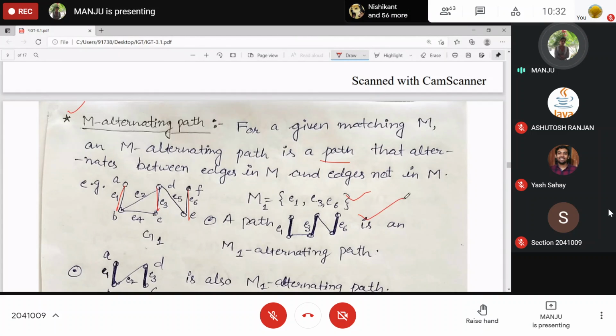So this one is the path. Here you have a matching edge, here you don't have a matching edge, again matching, no, then yes. So alternately, you have one edge from the matching and one edge outside the matching. That path is your M alternating or M1 alternating path. Clear?